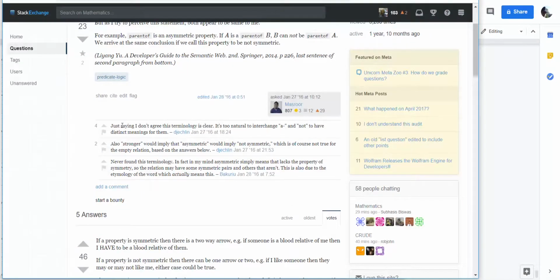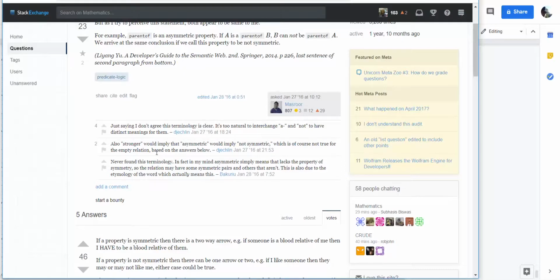"Just saying, I don't agree. This terminology is clear. It's too natural to interchange A and not to have distinct meaning for them." "I don't know. Stronger would imply that asymmetric would imply not symmetric, which of course is not true for the empty relation," based on the answers below.